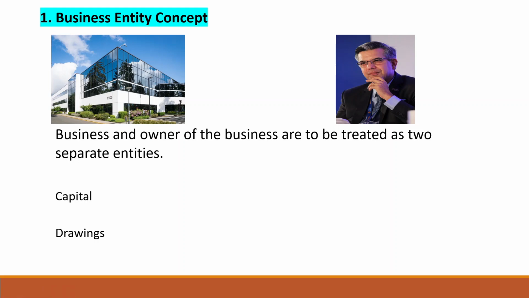So because of this concept only, we treat the capital given by the owner as a liability to the business, right? And when the owner withdraws money or goods for personal use, these withdrawals are treated as drawings and subtracted from the capital of the owner, right? So this is one of the important concepts in accounting.